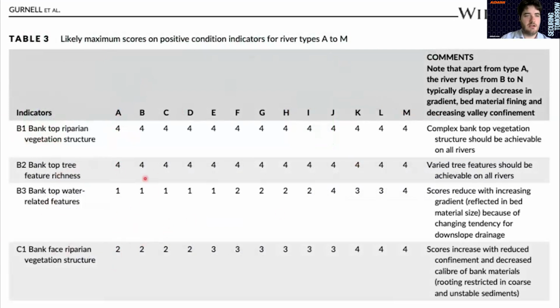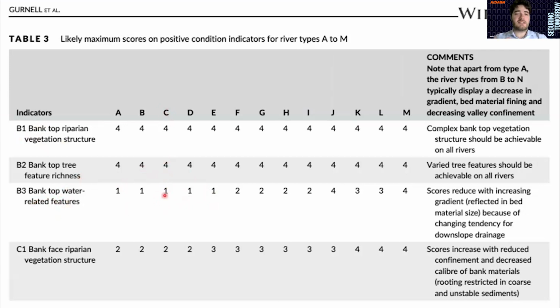So, for example, all river types can get a bank top riparian vegetation structure of 4, but for bank top water related features, and that's things like pools or ponds or channels on the sides of the river, it's very unlikely that rivers that are high up in the watercourse, very rocky, canyony, even mountainous rivers are going to be able to have a marsh on the side of them because it's just too steep. It's not the ecology. So that's why the maximum likely score for, say, a type C river, which is relatively high in the watercourse, is 1 for that.